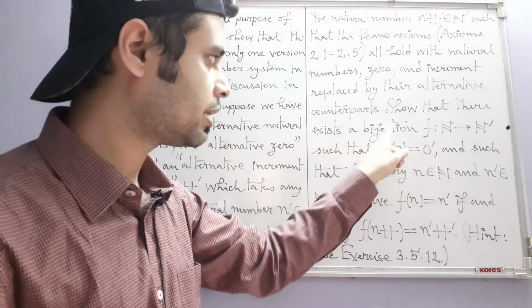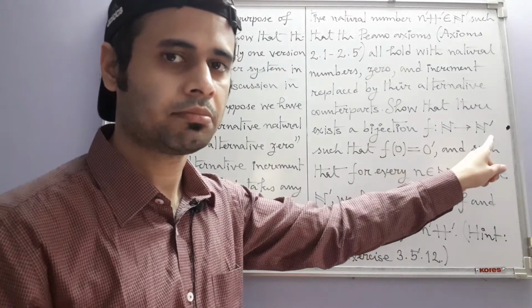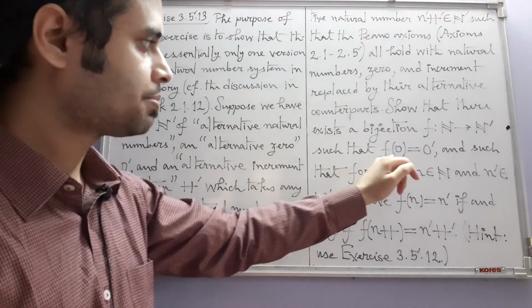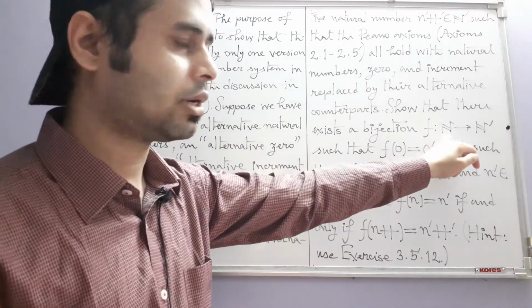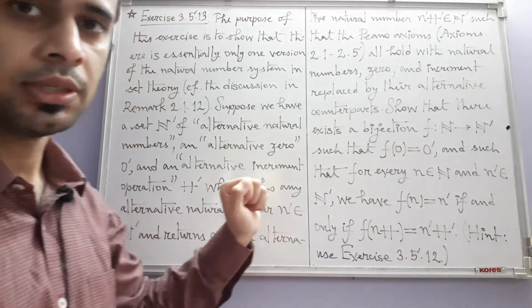Then we have to show that there is a bijective mapping, a bijection f between N and N' that maps the 0 of our ordinary natural number system onto the alternative 0.